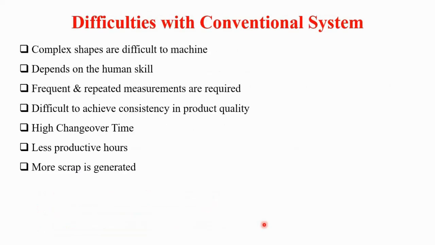Now the difficulties with the conventional system, or we can say the difficulties with numerically controlled NC machines. Complex shapes are difficult to machine on numerical control machines; they are basically used for simple jobs or simple operations. Complex operations are difficult to handle on these conventional systems, therefore CNC machines are used.